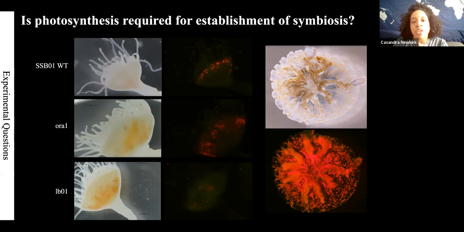These algae actually autofluoresce red under certain fluorescent channels on the microscope, so you can easily see when an animal is infected. All these algae types, including the mutants, were able to form an initial symbiosis. They were able to get taken up inside the polyp when introduced in the laboratory setting.